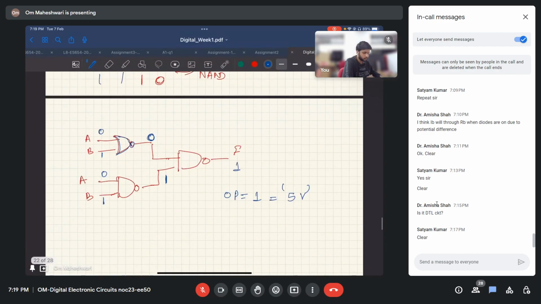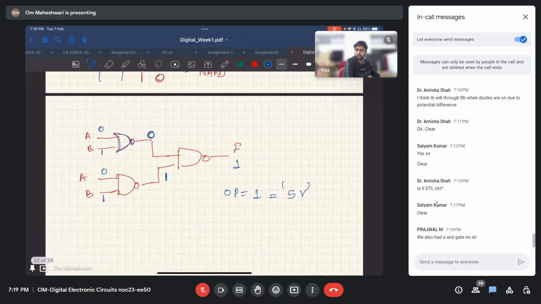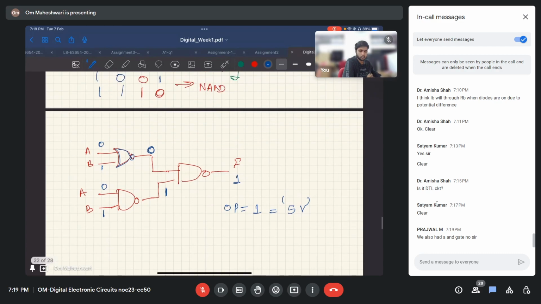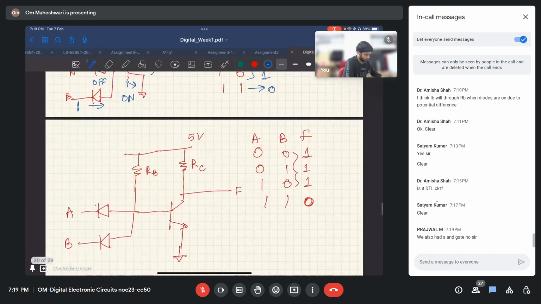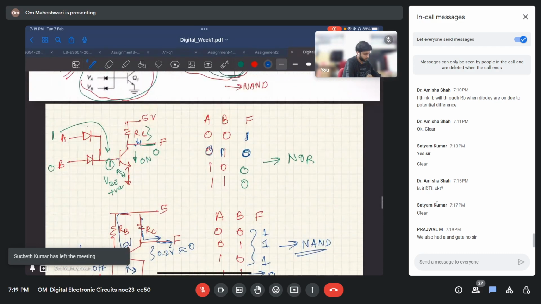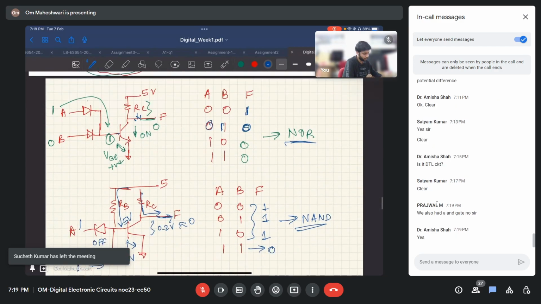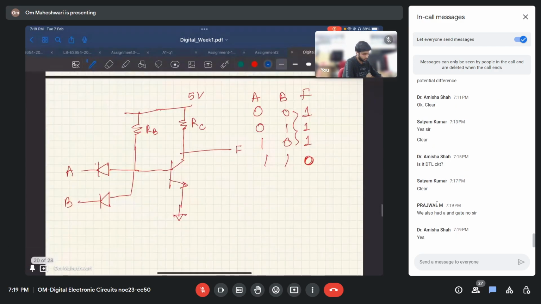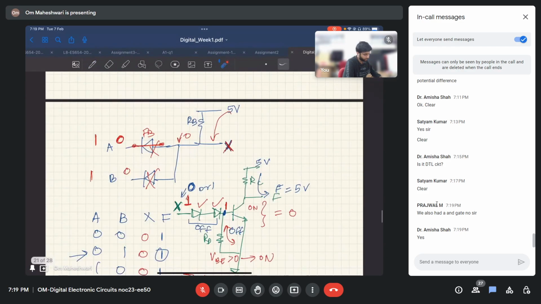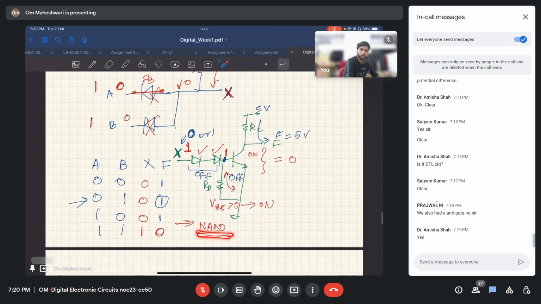Should we go ahead? We also had an AND gate. No, sir. We did not have an AND gate, I think. We had NOR gate and NAND gate and another NAND gate.